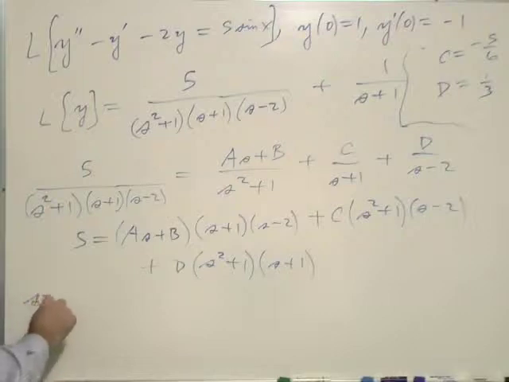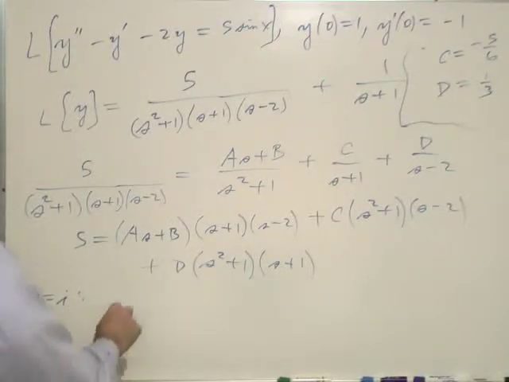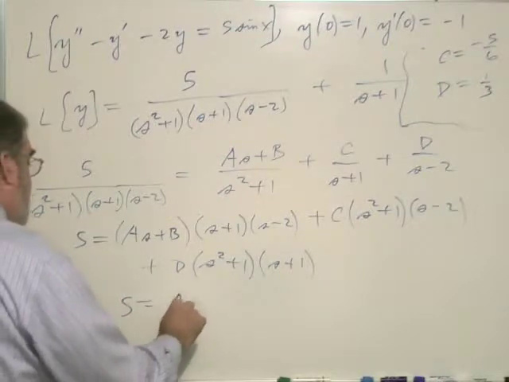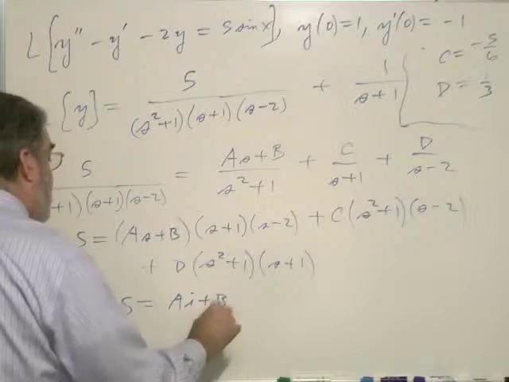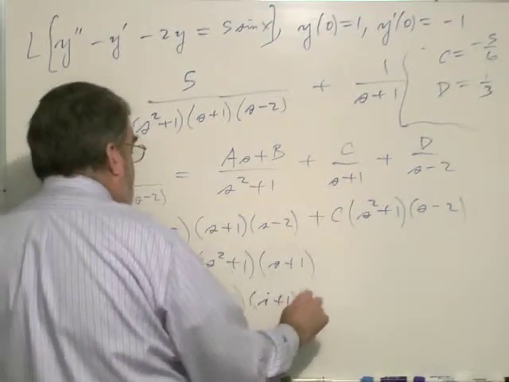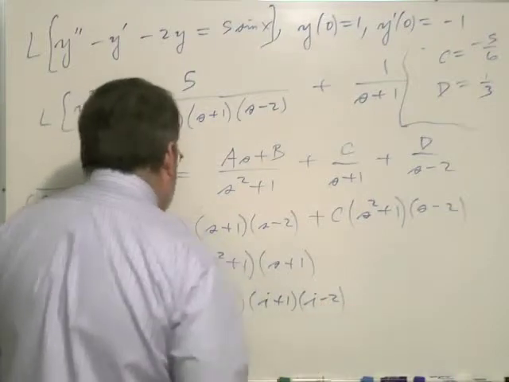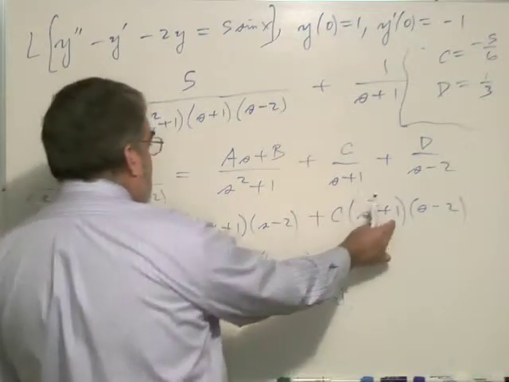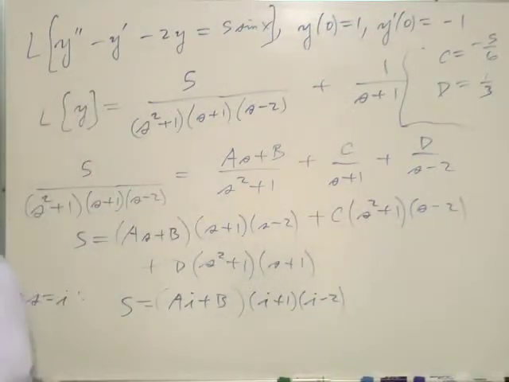So if I let S be equal to i, then I have 5 is equal to Ai plus B times i plus 1 times i minus 2. Ooh, I'm not sure I like the looks of that. And then that's going to be 0, that's going to be 0.